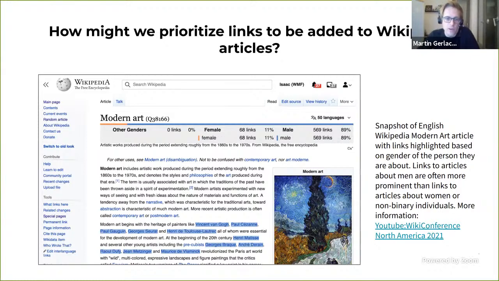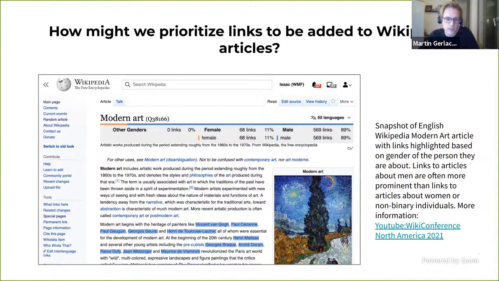So we have been starting to develop general approaches that could help us in this regard. Specifically, we try to identify which links we should prioritize to increase the visibility of articles that are not as visible as they should be.